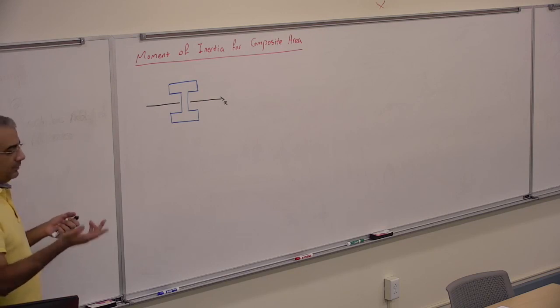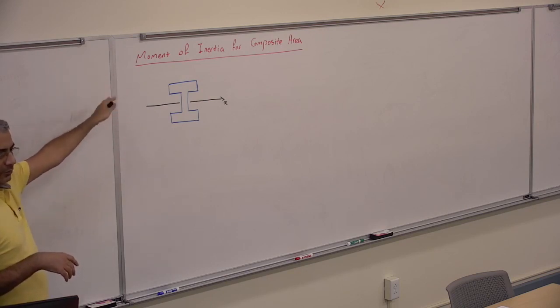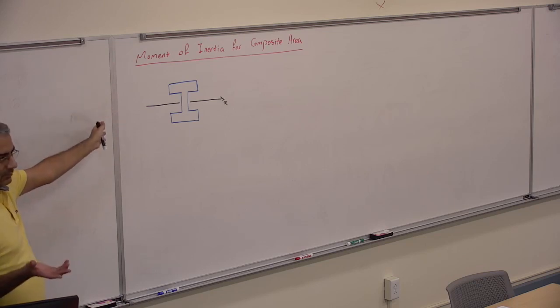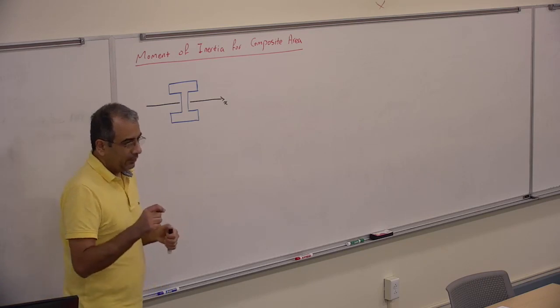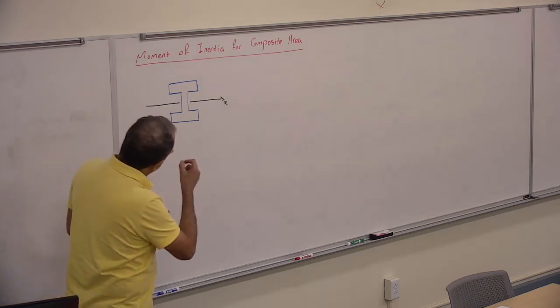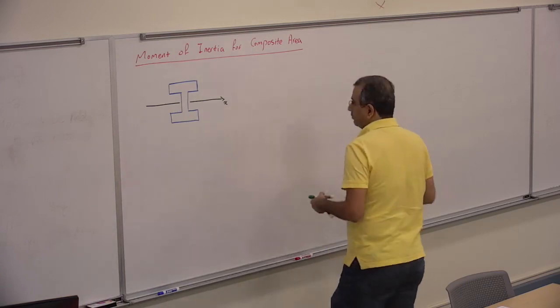One way of doing that is to try to do that integration for that cross section. It gives you the correct answer. But the easier way is to ask, is it made of shapes that I know? Sure.